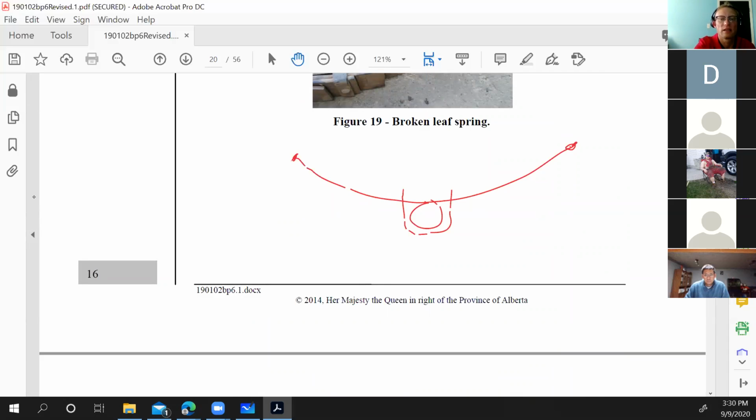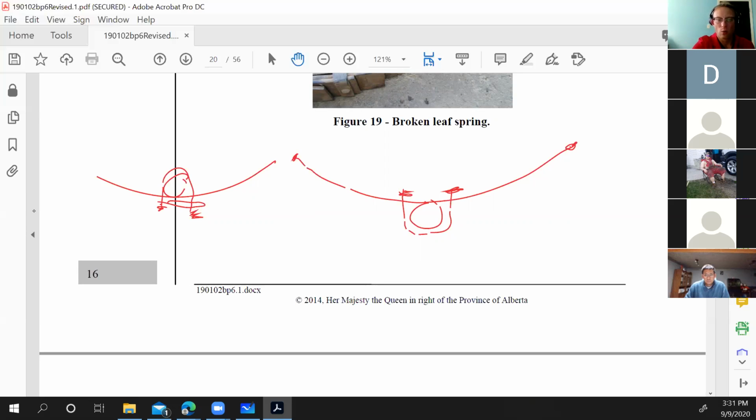So we'd have an axle like this, nuts here, holding them on. We can also have it on the top, like this. So there's a few different ways that we can have the U-bolts aligned.